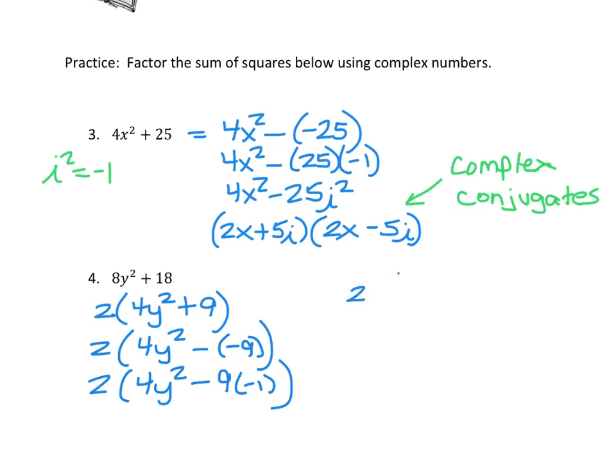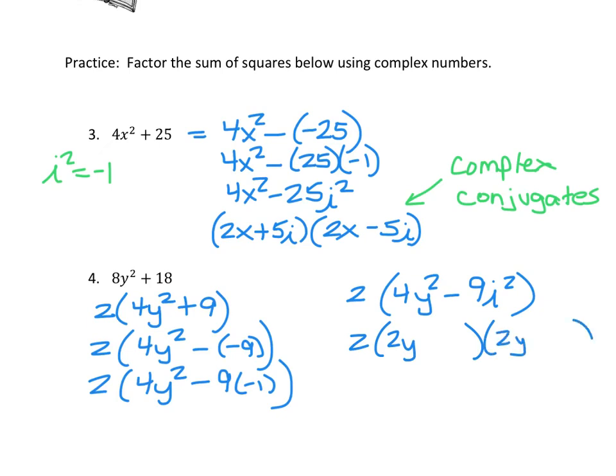That's 2 times 4y squared minus negative 1 equals i squared. So I've got minus 9 i squared. And now I have the difference of two perfect squares. So 2y times 2y gives me my 4y squared, plus 3i minus 3i gives me my negative 9i squared. Again, we end up with complex conjugates.